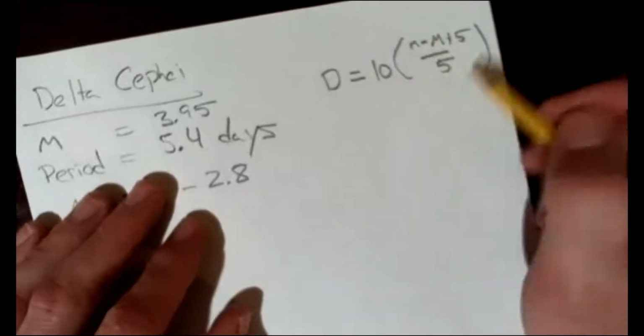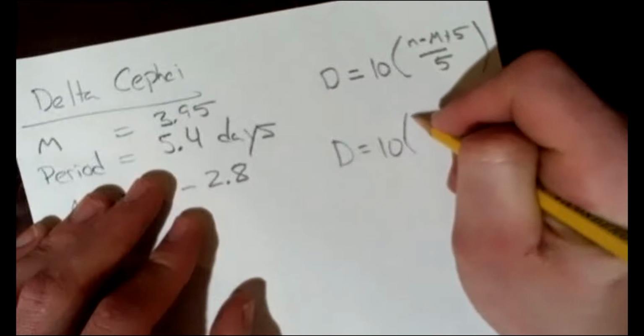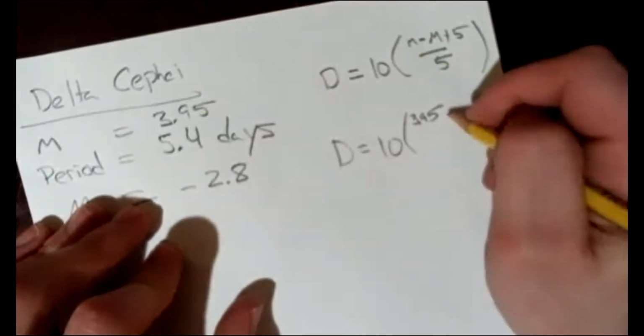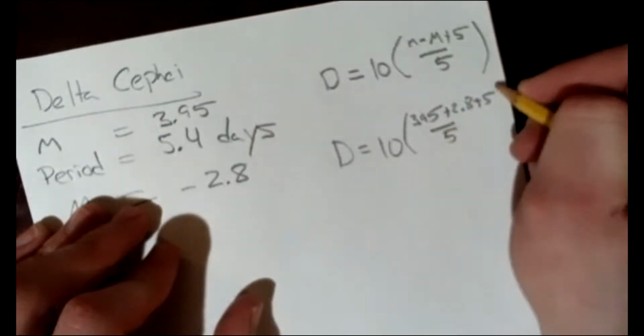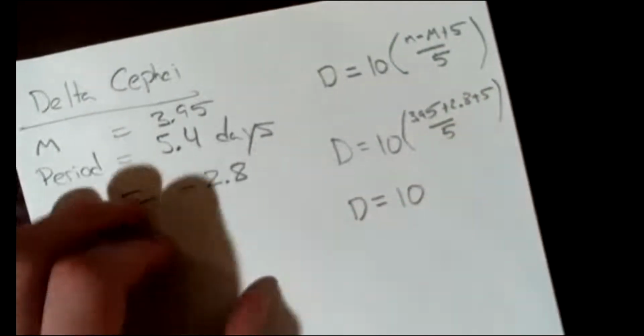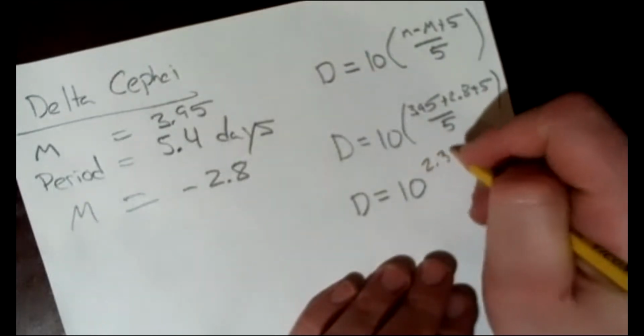I'm going to plug those values into this equation. 3.95 minus a negative number plus 2.8 plus 5 divided by 5. So in my calculator, I go 3.95 plus 2.8 plus 5 equals, divided by 5, and I get 2.35.